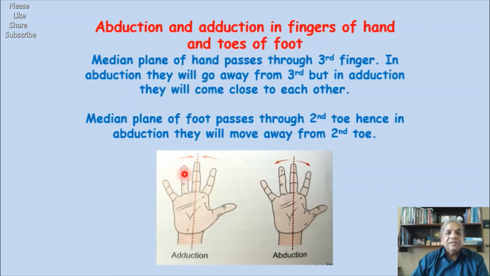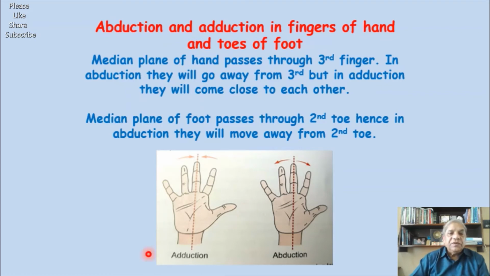For example, the ring finger and little finger will go to the lateral side, and the index finger and thumb will go towards the medial side, towards the median plane. I'm sorry, this hand is of a different side, this is the right hand.